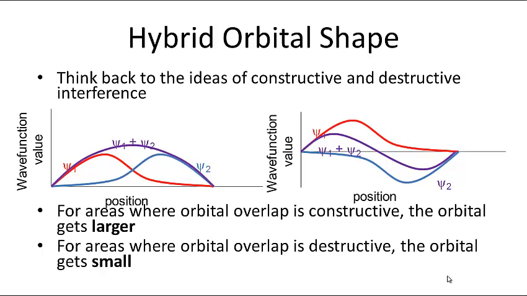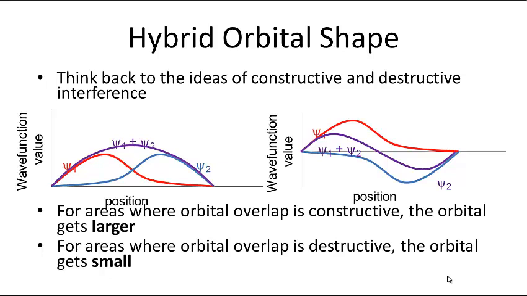And so that means we have a need for new orbitals. All right? So we're going to use this idea that we can combine orbitals and get constructive and destructive interference to make new mathematical combinations of the functions to make hybrid orbitals.